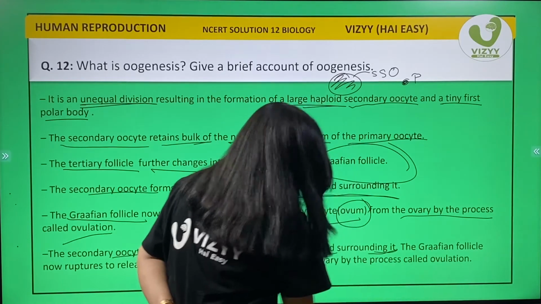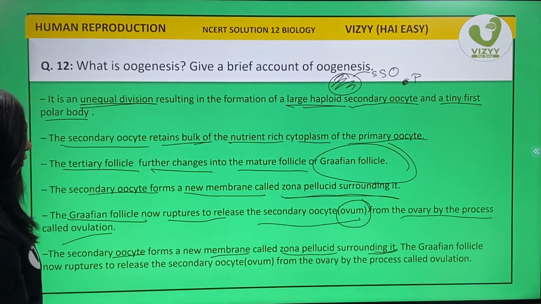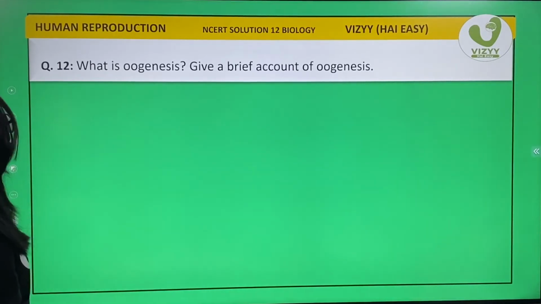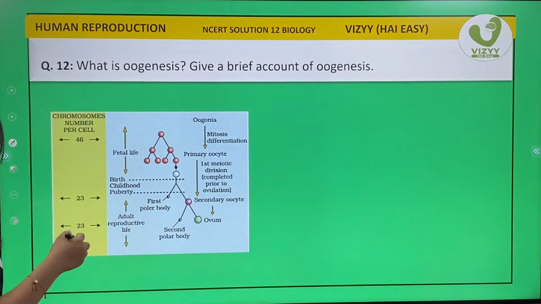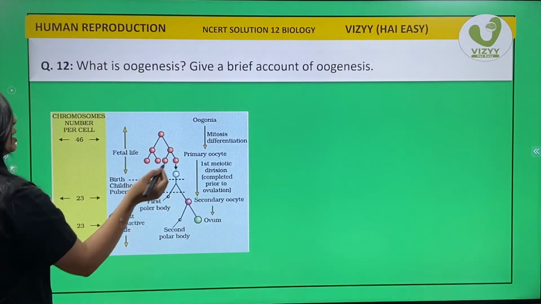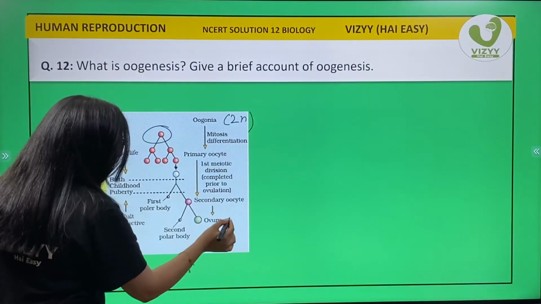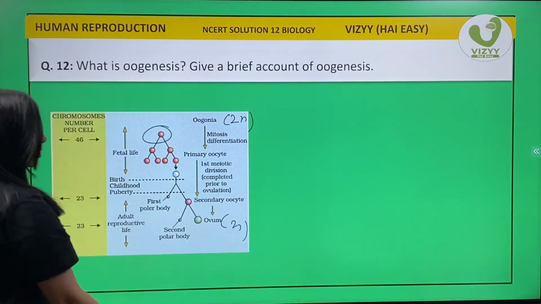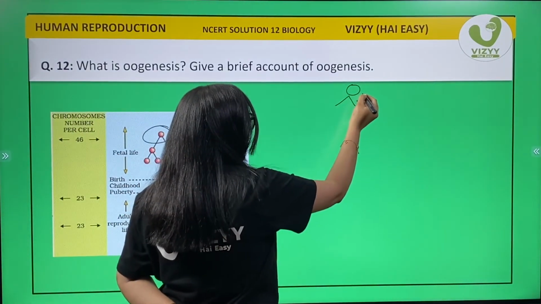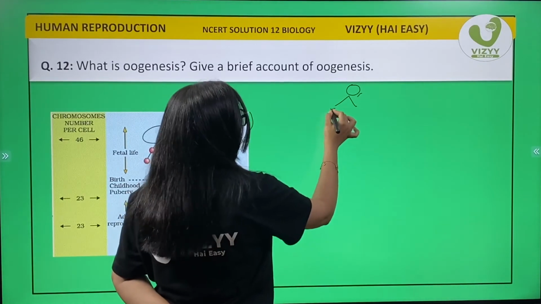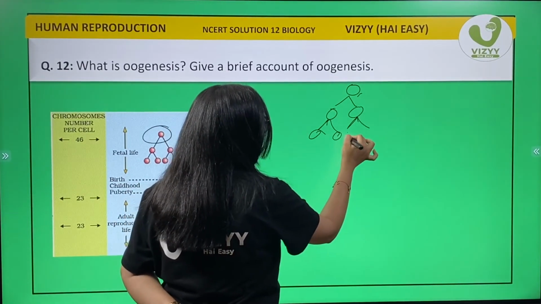The Graafian follicle, ovulation. That is done. Now let's have a diagrammatic look. Initially this will be 2n and lastly this will be n. Let's look at the division. The first division forms 2 cells by mitotic division. 2 cells will form 4 cells.